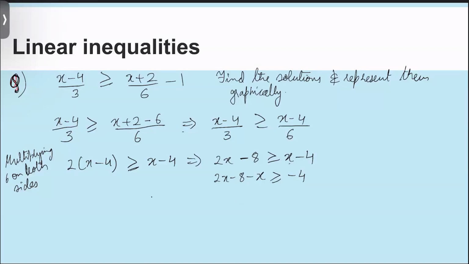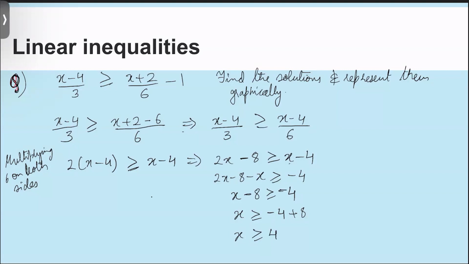So this would be x minus 8 greater than or equal to minus 4. If you add 8 to both sides, to get rid of negative 8 on the left hand side, you get x greater than or equal to minus 4 plus 8. So what you get is x is greater than or equal to 4.